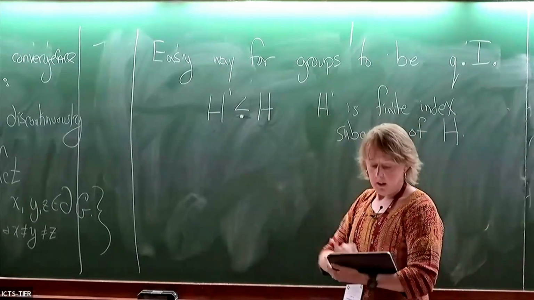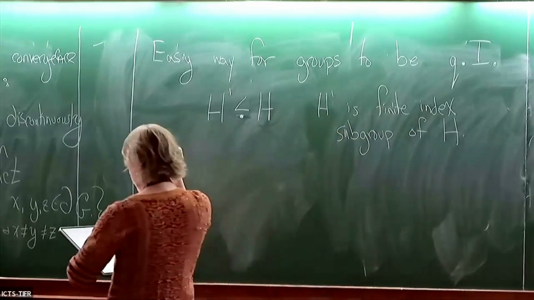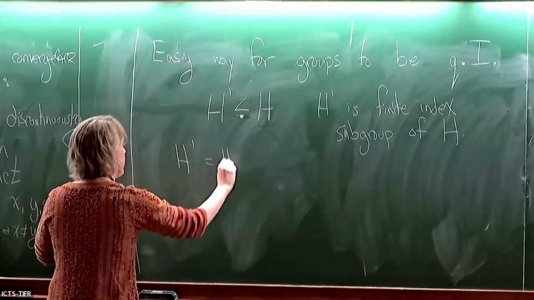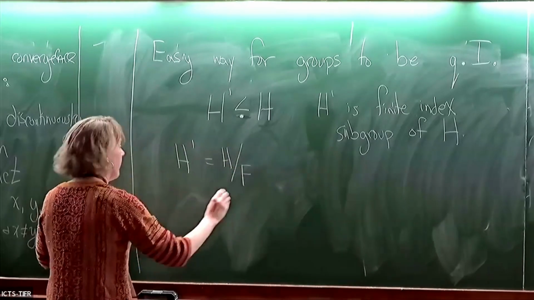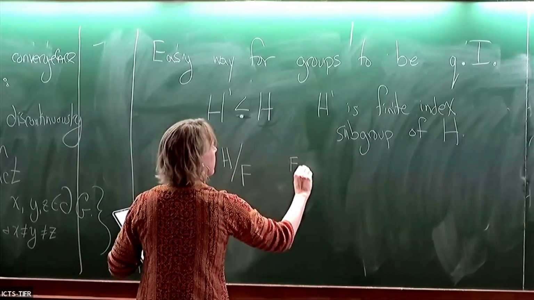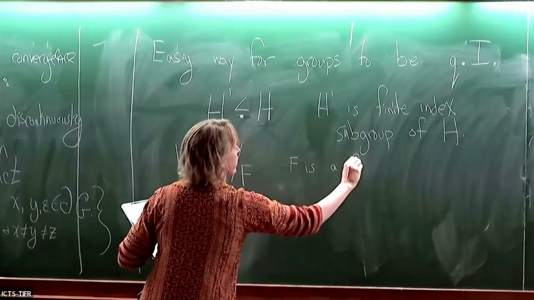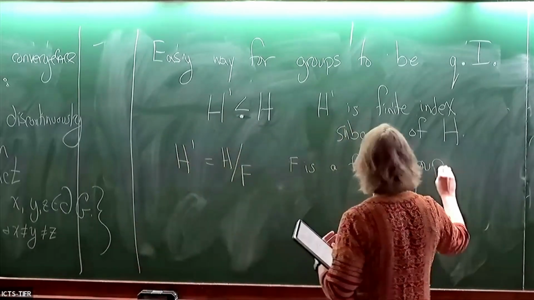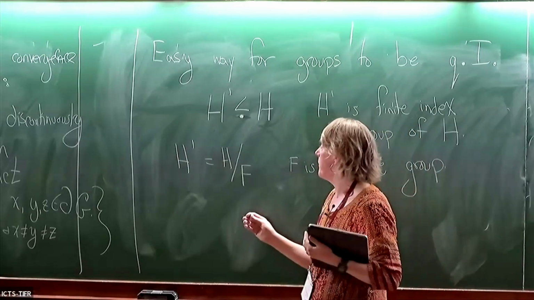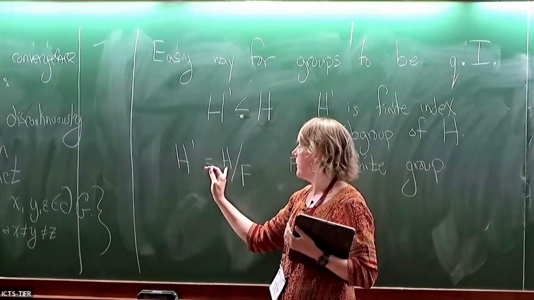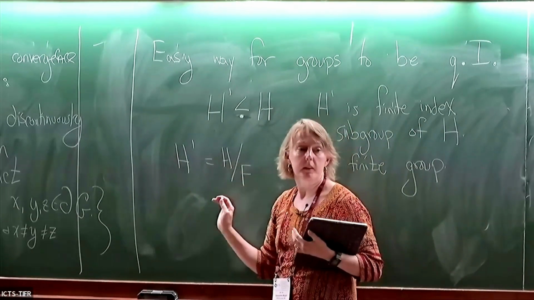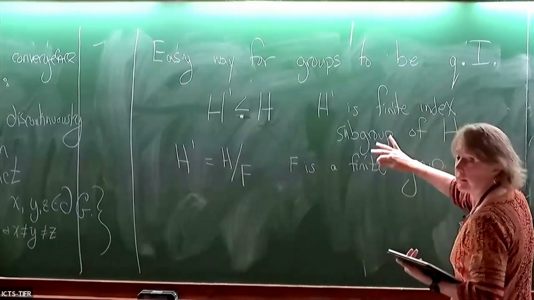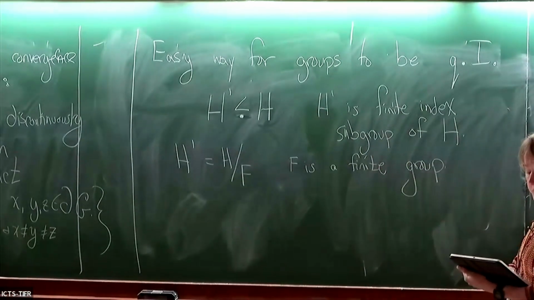Another way is H prime equals H mod F, where F is a finite normal subgroup. Here H prime acts on the Cayley graph of H where F acts trivially. So these are two ways to get groups that are quasi-isometric.